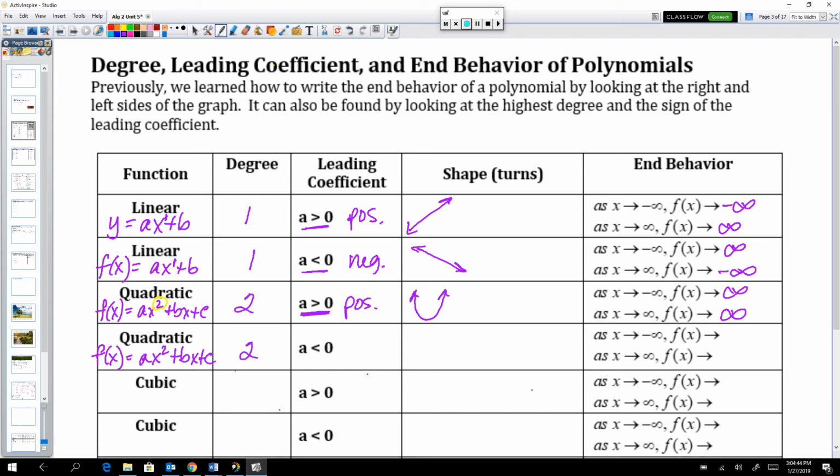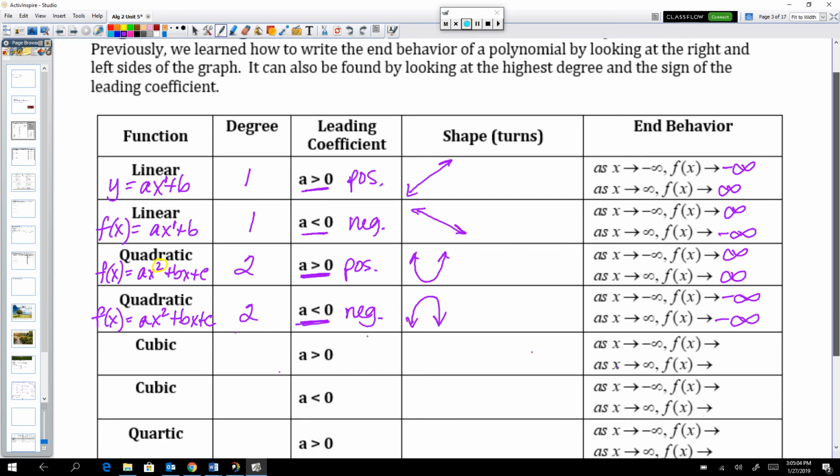Highest power listed there on the x's was 2. But when the leading coefficient was negative, when a was less than 0, we knew that that produced an upside down u, right? A parabola that was upside down. And so the end behavior on that was down to negative infinity, down to negative infinity.